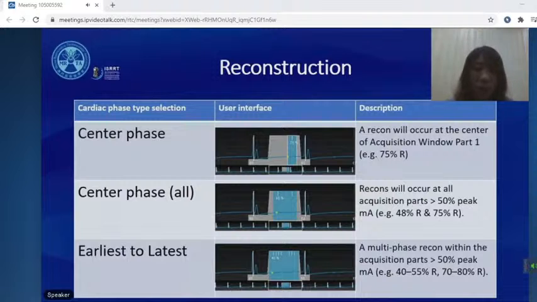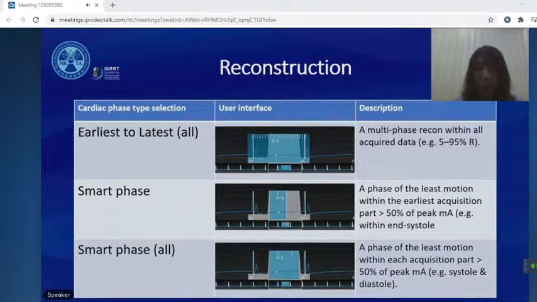Earliest to latest is a multi-phase recon within the acquisition parts that are above 50% peak MA, for example, 40 to 55% or 70 to 80% R-R peak. Earliest to latest all is a multi-phase recon within all acquisition data, for example, 5 to 95% R-R peak.